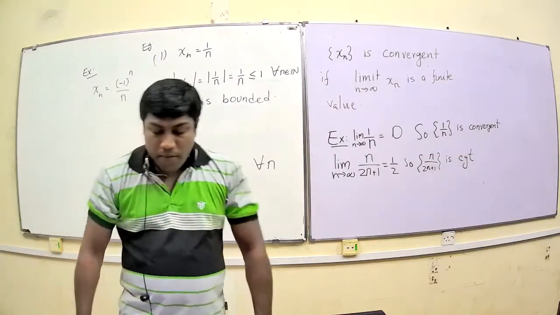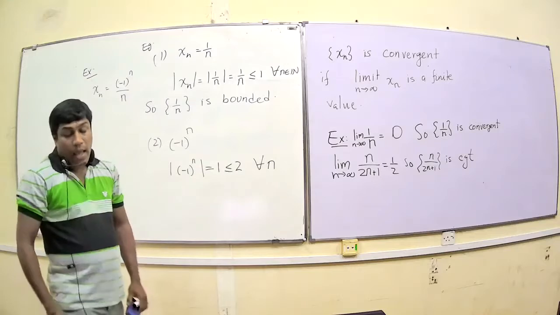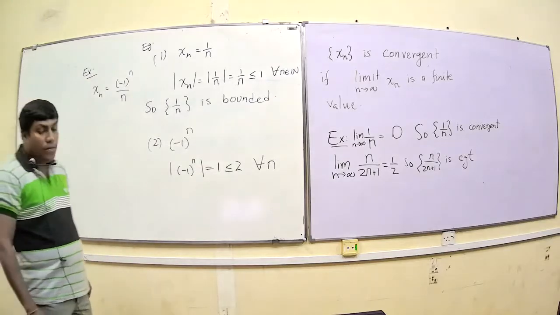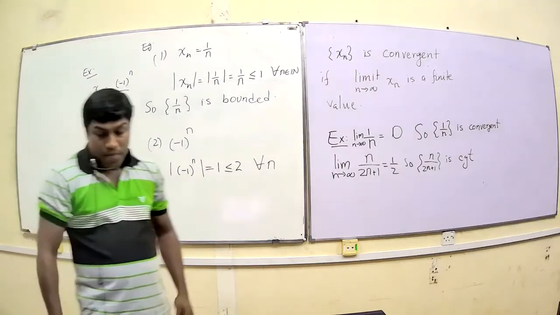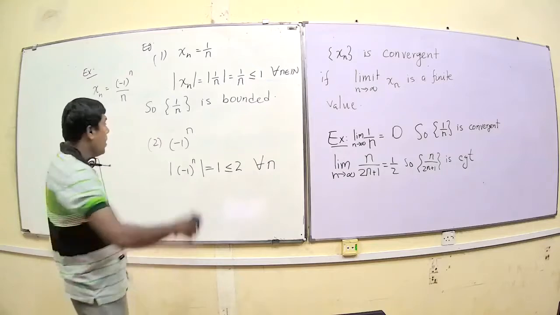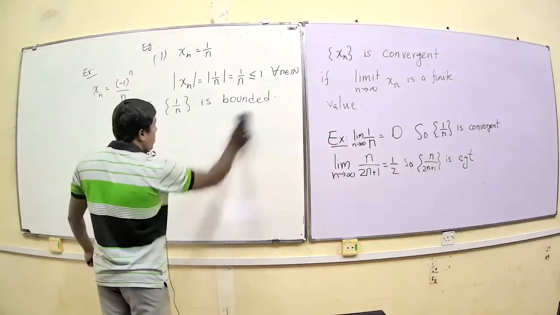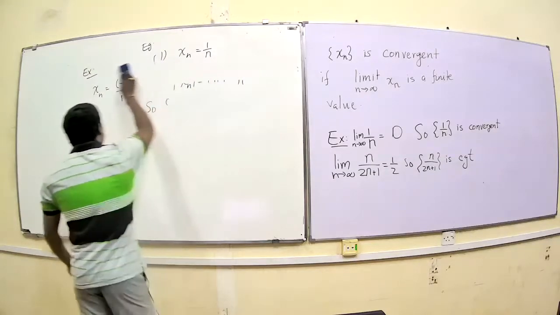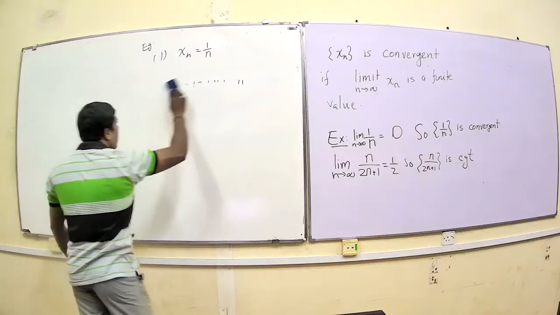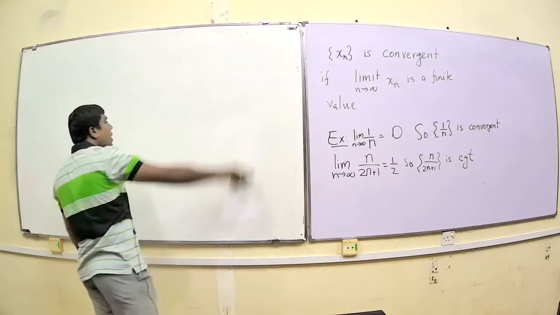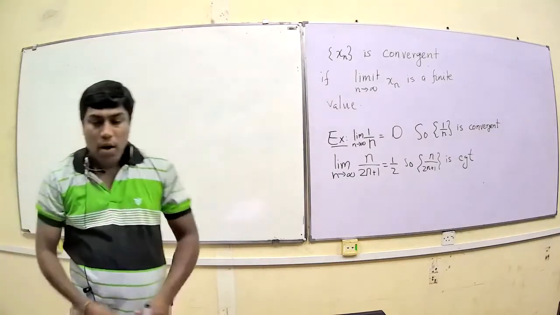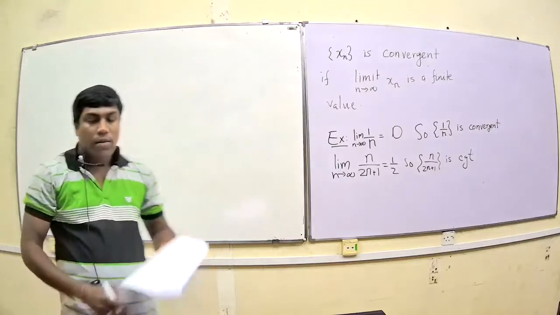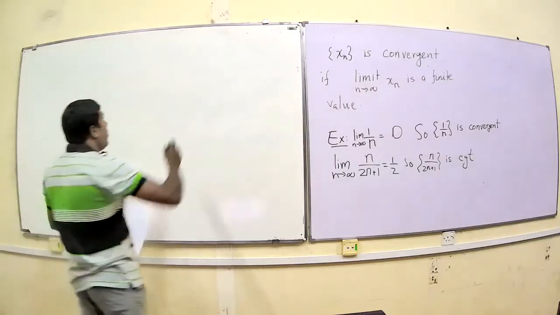So obviously the other type of limit is infinity limits. Then it should be the opposite of convergent. If the limit is plus or minus infinity, then it should be the opposite of convergent, so we call it divergent.